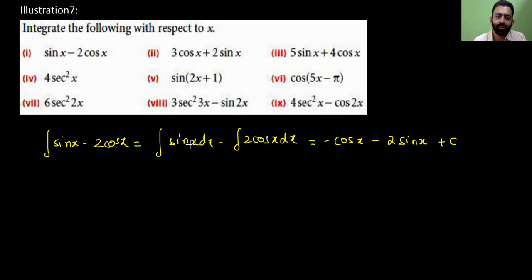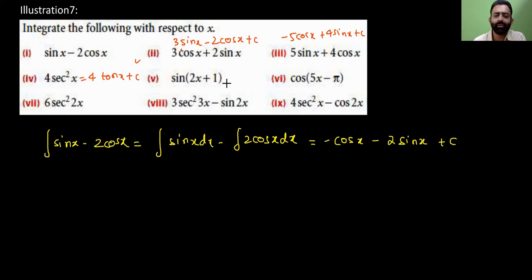Similarly, you can find the integral for the second part. It is 3 sin x minus 2 cos x, which gives minus 3 cos x minus 2 sin x plus c. This is minus 5 cos x plus 4 sin x plus c. Then 4 sec square x means 4 tan x, so it is just 4 tan x plus c.